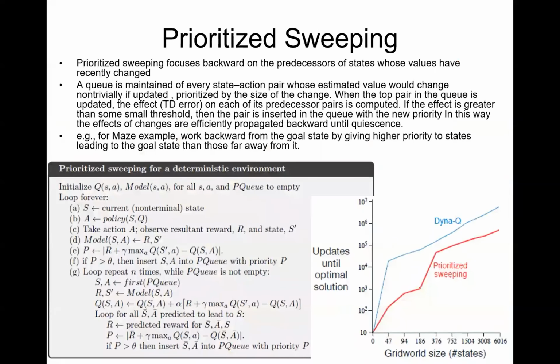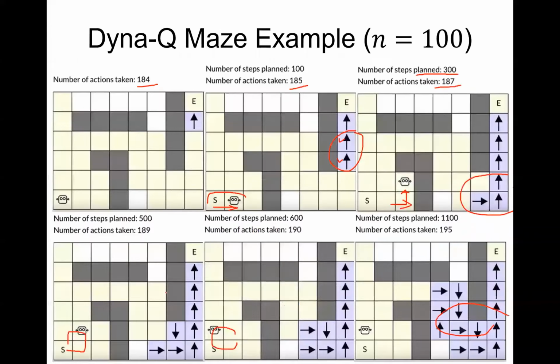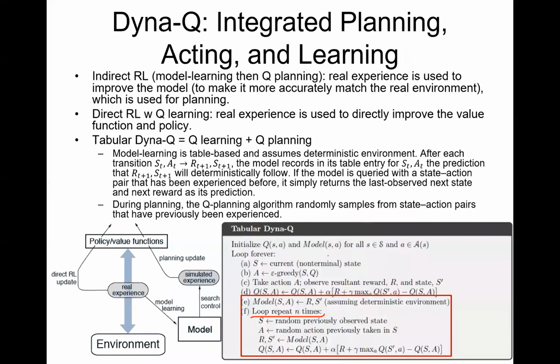And now prioritized sweeping. In the original Dyna algorithm, we randomly choose a previously observed state and action and do Q learning based on that.